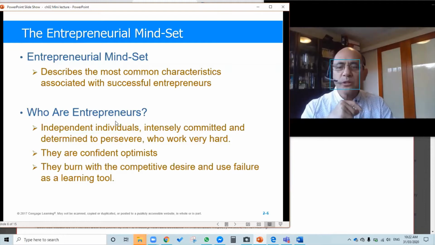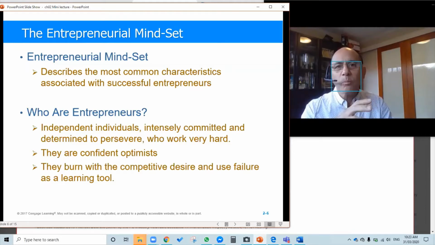So who are these entrepreneurs? These are independent individuals. They're very committed to what they're doing. They're determined to persevere. In other words, they don't quit when times get hard. And of course, they work very hard. So they're very confident and they're optimists. So in other words, they believe, they have a lot of hope.